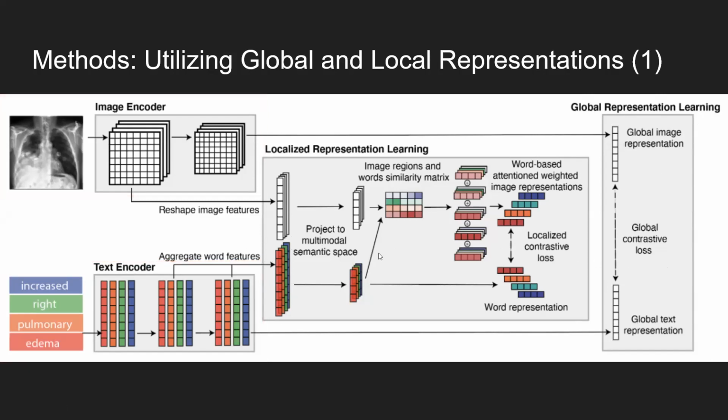Meanwhile, for the localized representation learning, the image features are reshaped, the aggregate word features and the reshaped image features are projected into multimodal semantic space, then put into an image regions and word similarity matrix. Then the word-based attention weighted image representations and word representations are learned through a localized contrastive loss.